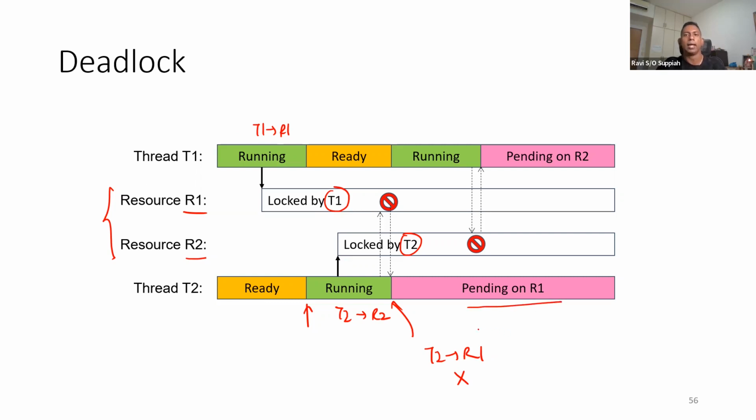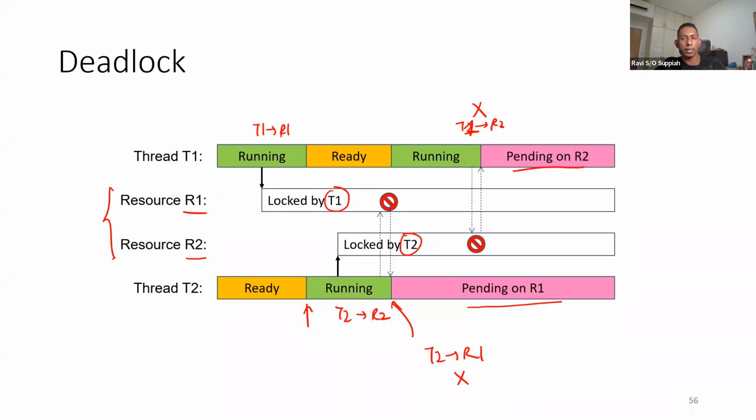Then I switch back to task 1, and when task 1 tries to lock resource 2, it is not available because task 2 already acquired it, so task 1 also goes to a blocked state. Both of them get blocked indefinitely, waiting for the other to release, but the other cannot release because it cannot run. They're both blocked. That is what we call a deadlock situation.